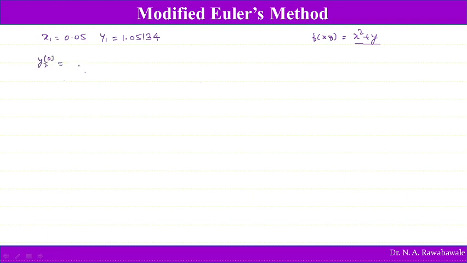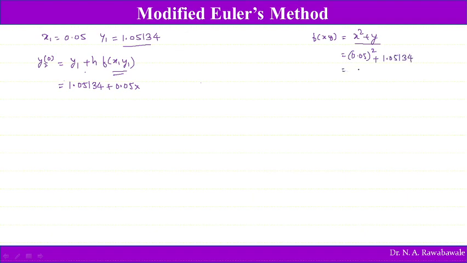Here the simple Euler's formula has to be taken: y1 plus h times f of x1 comma y1. The y1 value we know, that is 1.05134, plus the h value 0.05 times f of x1, y1. We substitute x1 as 0.05 square in this f of x, y, plus the y value 1.05134.